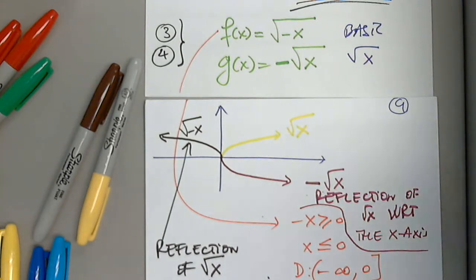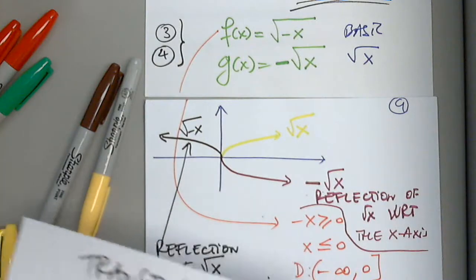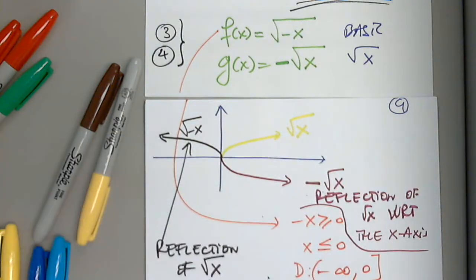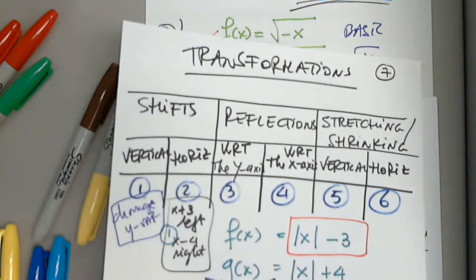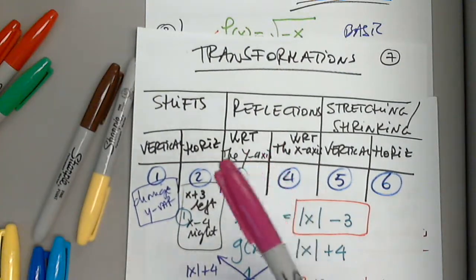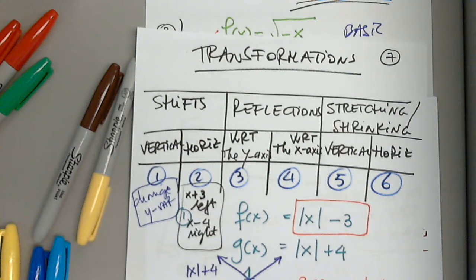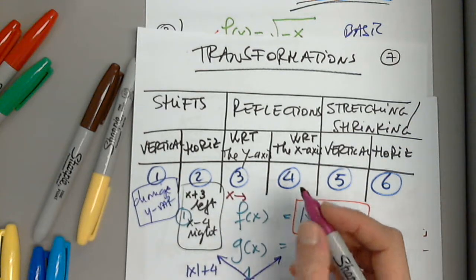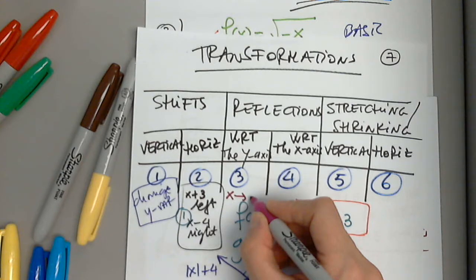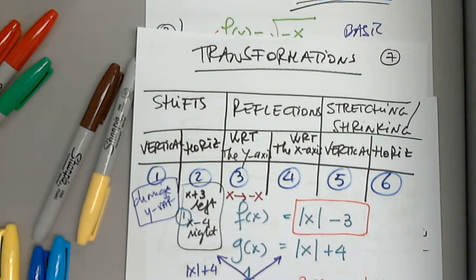Perfect. So coming back, what notes do we want to put in the chart, in the table? So for number 3, the y-axis, what happens there? How do I get a reflection with respect to the y-axis? Yes. So I change x into? Awesome. I must change x into negative x in order to get a reflection with respect to the y-axis.